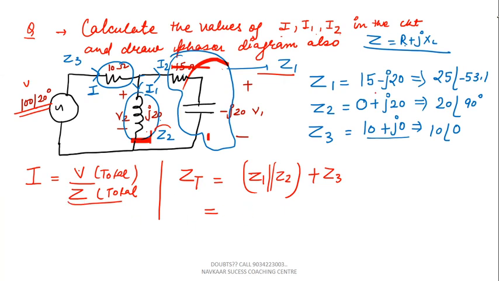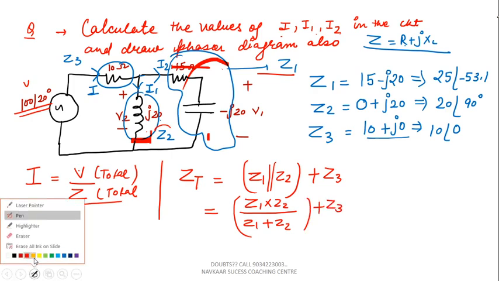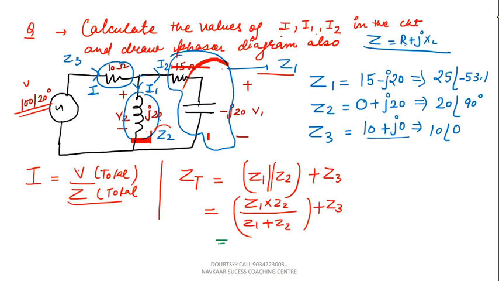So what we have written is Z1 multiplied by Z2 divided by Z1 plus Z2, plus Z3. Now we need to put down the values. If we want to multiply, we put in polar form; if we want to add, we put in rectangular form.